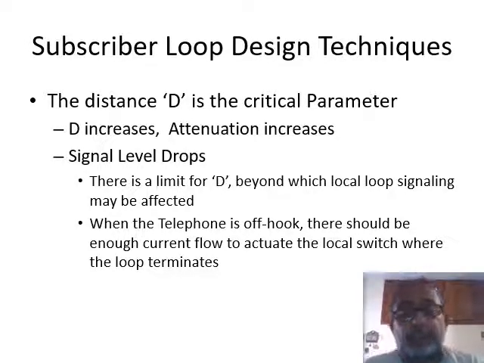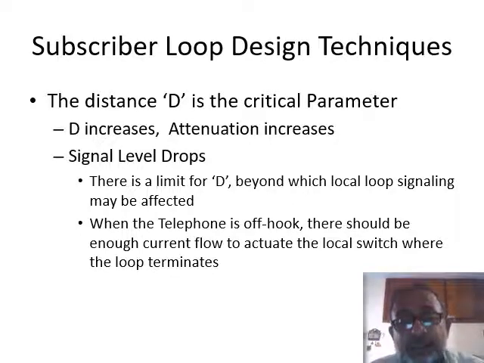For the subscriber's loop design, while deciding what design techniques we are going to use, first of all we need to see what the critical parameter is. The critical parameter is the distance D, which is between the telephone set and the telephone exchange or the switch itself.